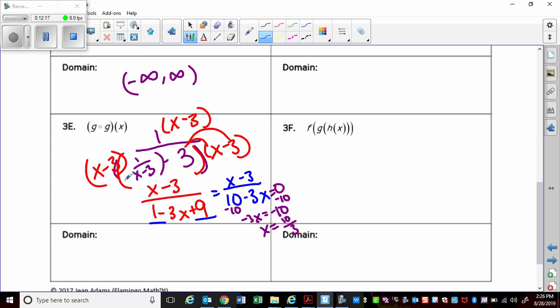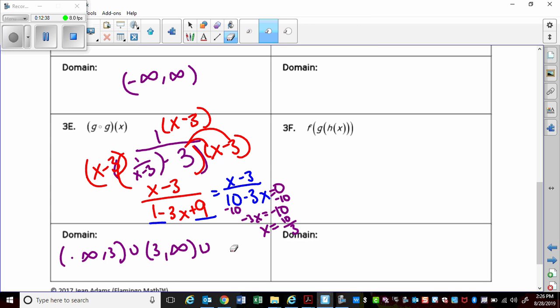Also, x cannot be 3. We knew that from this fraction. x cannot be 3. So those are my two domain restrictions. So I have negative infinity to 3, or 3 to 10 over 3.